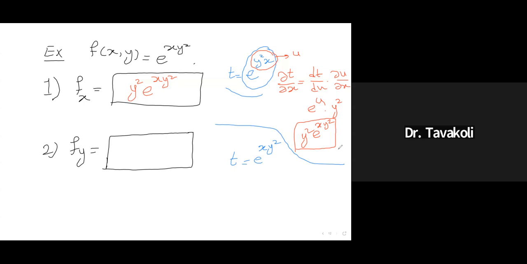So in this situation, I let u be this, so that the derivative of t with respect to y is this part. The derivative of u with respect to y, xy squared: x is like a constant. The derivative of y squared is 2y, so that part becomes 2xy.